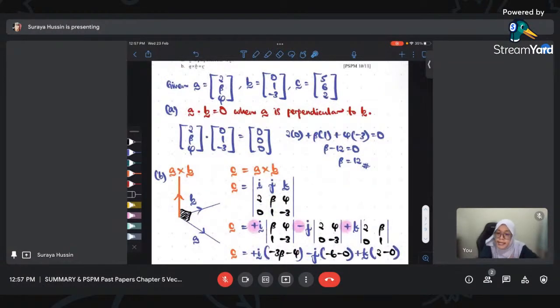Kamu susah nak lukis, kamu tak tahu mana yang patut A, mana yang patut B. Padahal dia tak kisah pun siapa A di mana, B di mana. It doesn't matter. It's up to your drawing actually. Betul ke saya punya tekaan bahawa kamu confused macam mana nak lukis dan macam mana nak cari perpendicular?